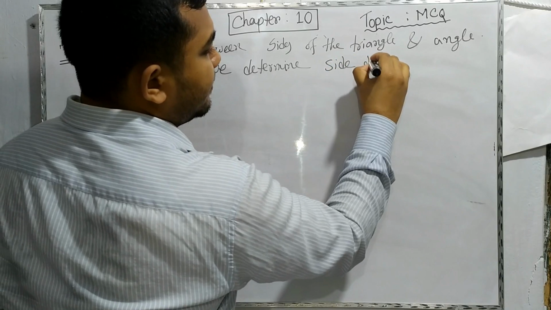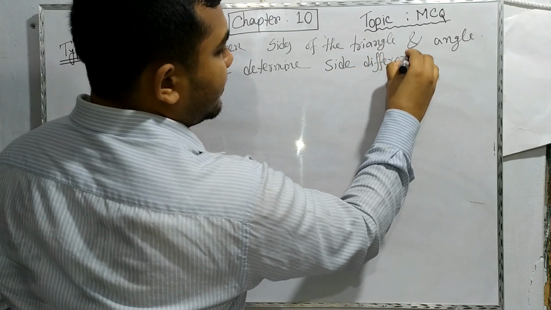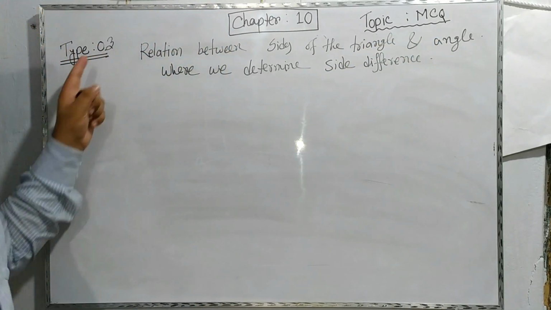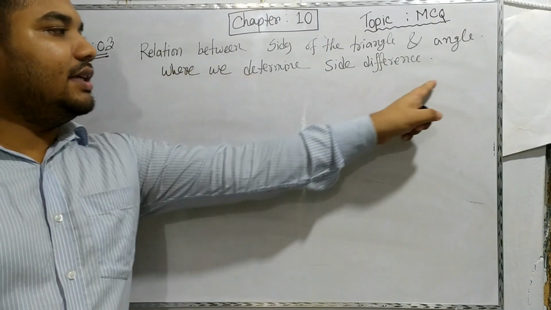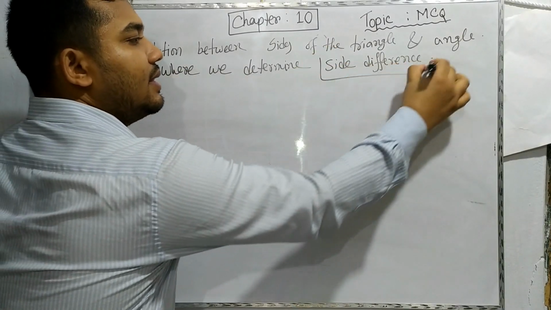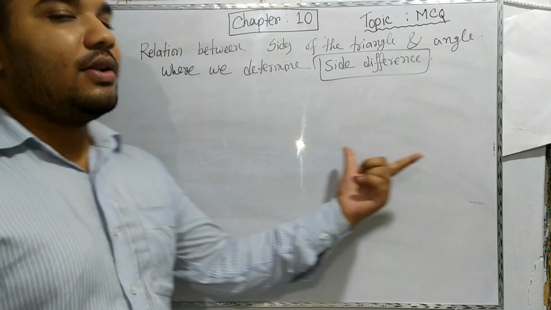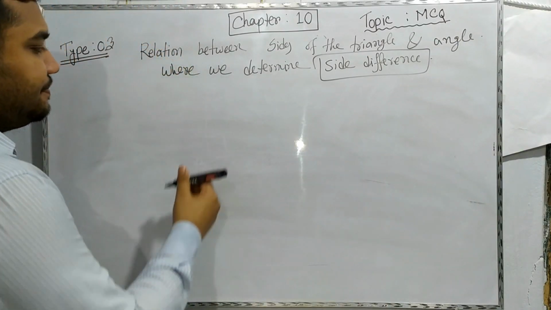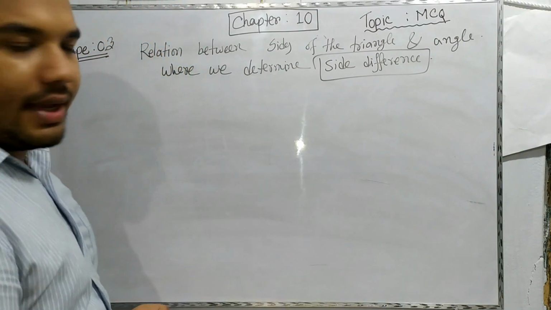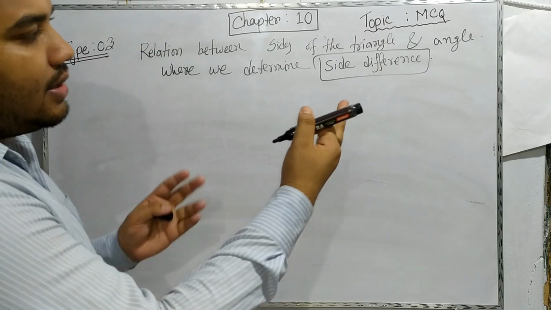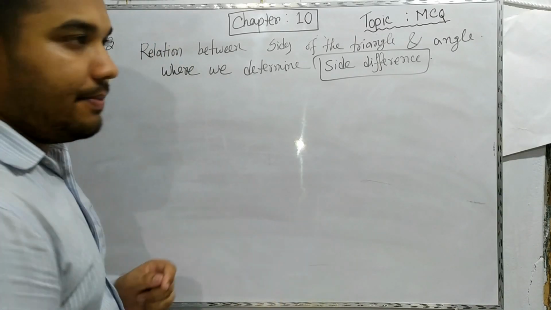So type 3 is where we will determine the side difference. How can we go for this? Okay, I will draw 3 figures to understand this type 3 properly.